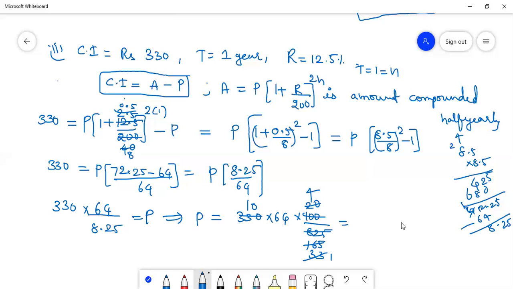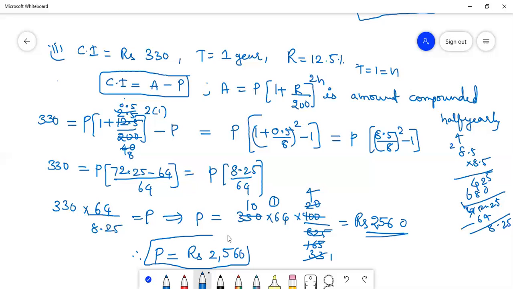It is equal to 0, 4 fours are 16, 1 is a carry, 6 fours are 24 plus 1, 25. The principal amount is 2,562 rupees. Therefore, the principal amount is rupees 2,560. This is the way how to find out the principal amount.